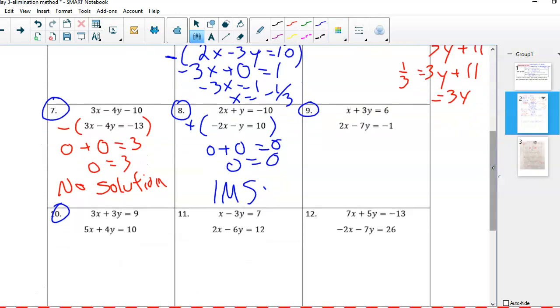So let's say we wanted to multiply this by negative 2. But what you did at one side, you have to do to the other. So you're really multiplying the entire equation by negative 2.